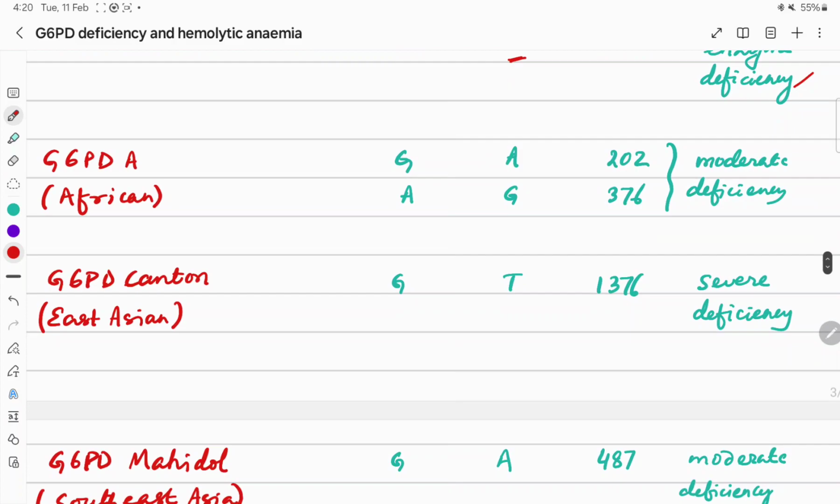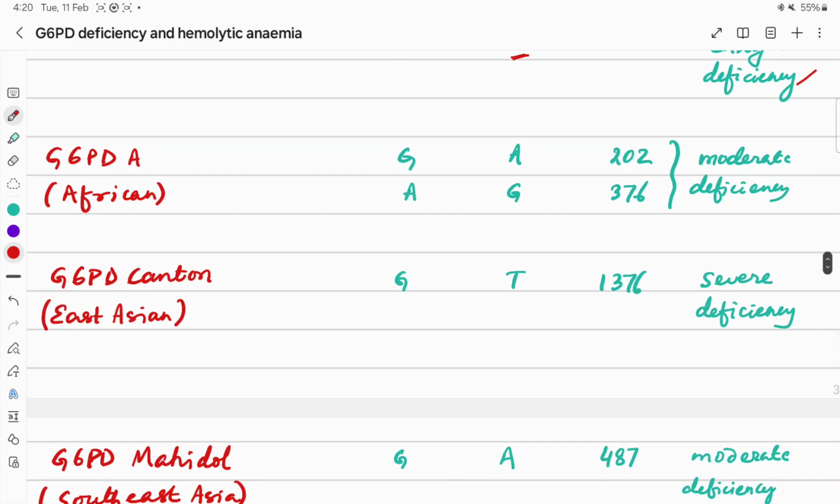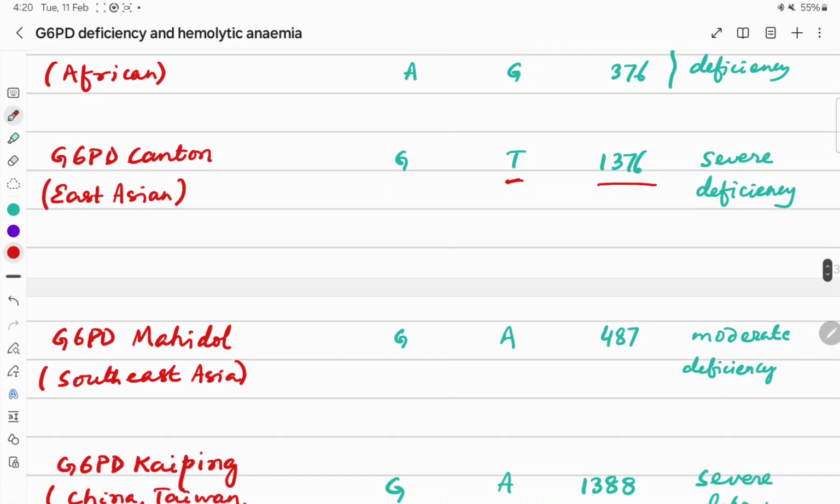Then the third variant is G6PD Canton, where the single nucleotide polymorphism occurs. G is replaced by T, the variant base T, at nucleotide 1376, causing severe deficiency. So G6PD Mahidol, which is prevalent in Southeast Asia, where single nucleotide polymorphism at nucleotide 487 occurs, where guanine is replaced by adenine, and this single nucleotide polymorphism causes moderate deficiency.